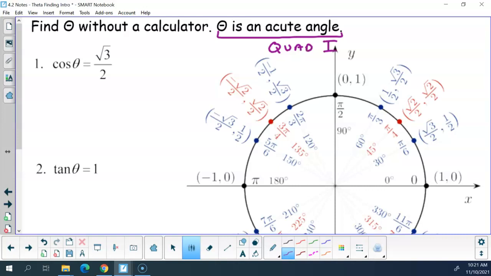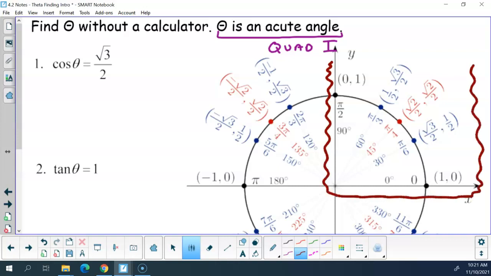So we are taking our unit circle, and in our brains, we are limiting our unit circle to just that quarter of it, because that's where these problems live.